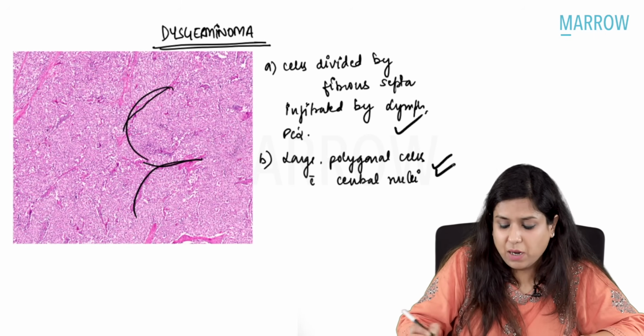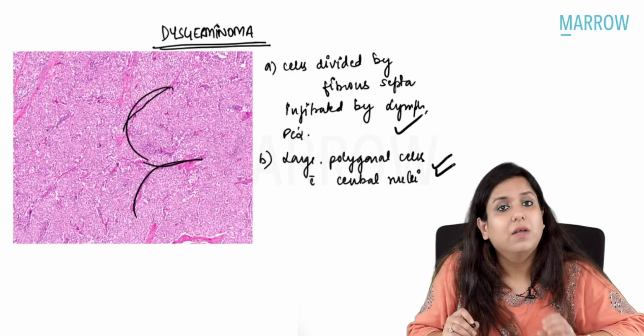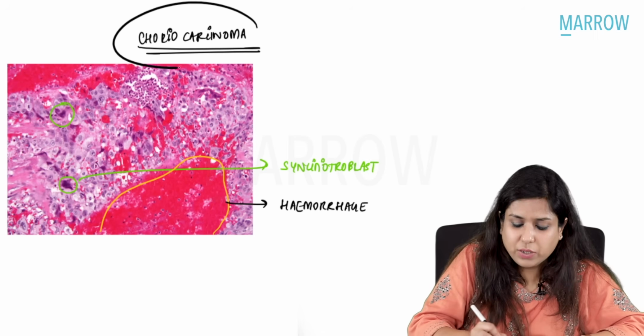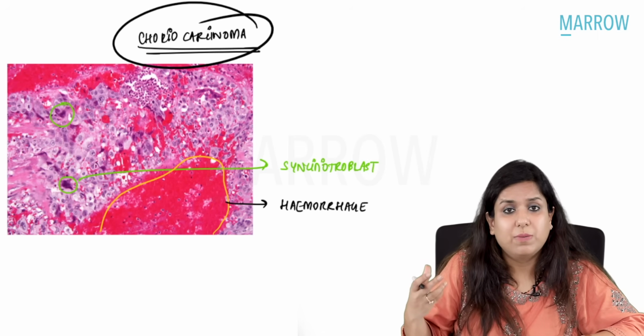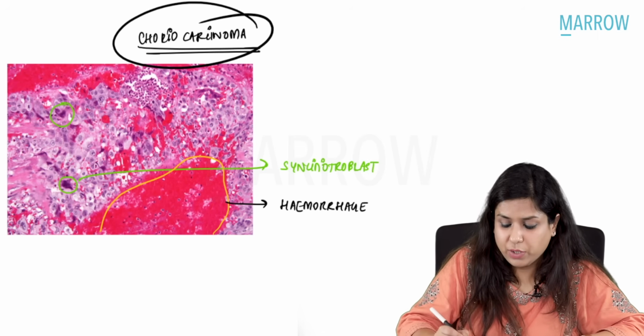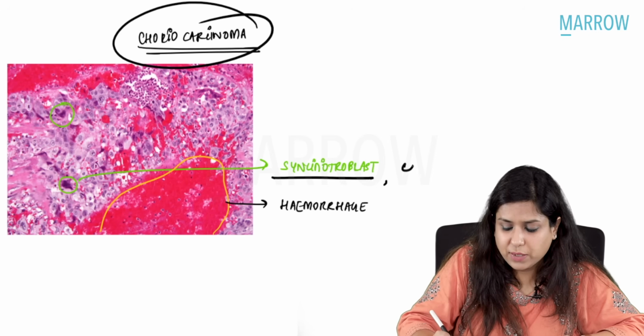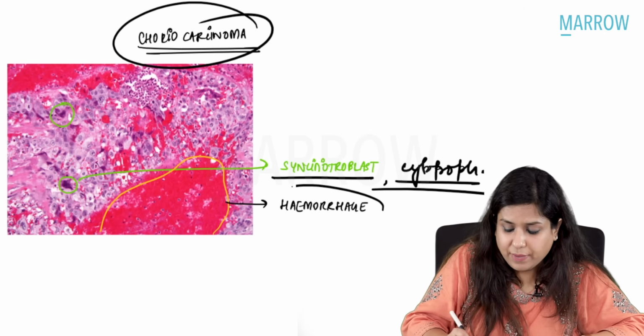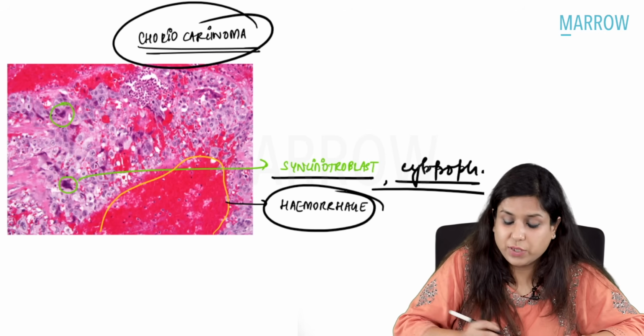And the cells are large polygonal with a central nucleus. Next, choriocarcinoma, you all know it's an extremely hemorrhagic and necrotic tumor showing two types of cells, the syncytiotrophoblast and the cytotrophoblast. Two kinds of cells are seen, and then a lot of areas of hemorrhage and necrosis are seen.